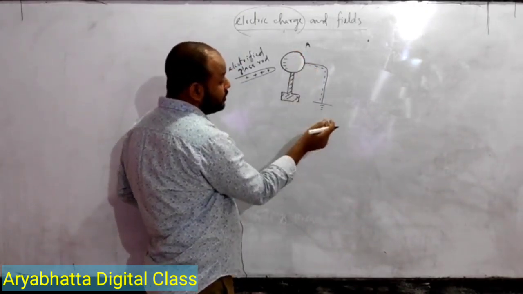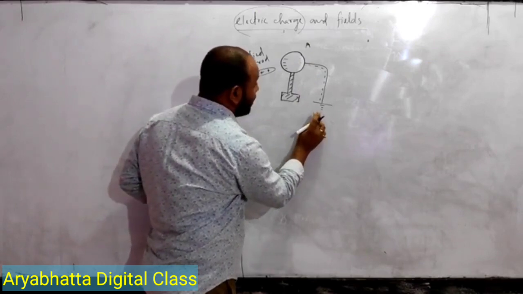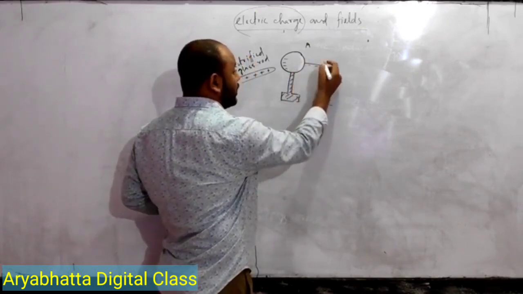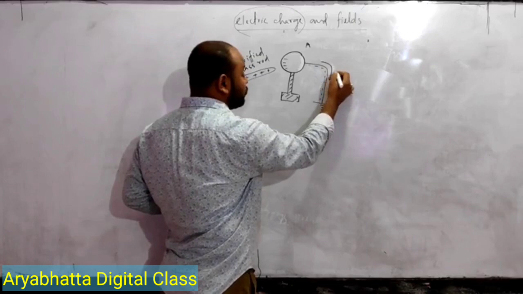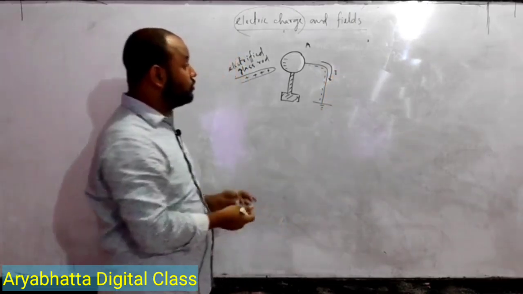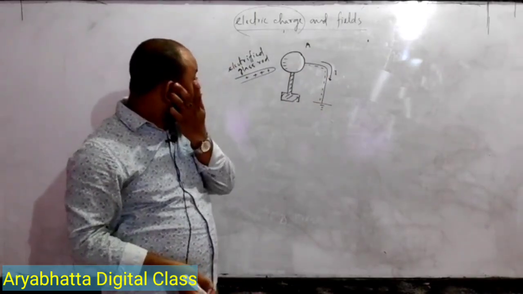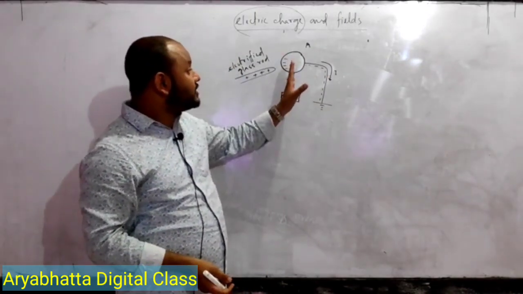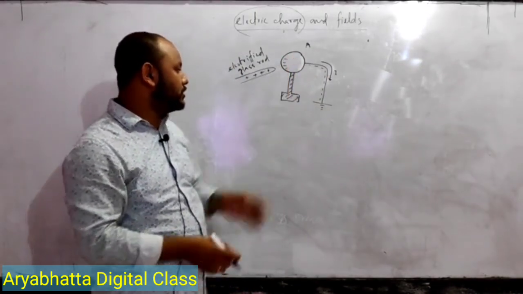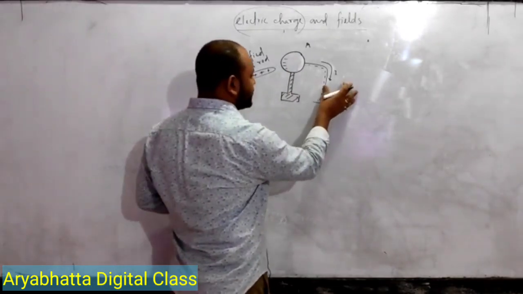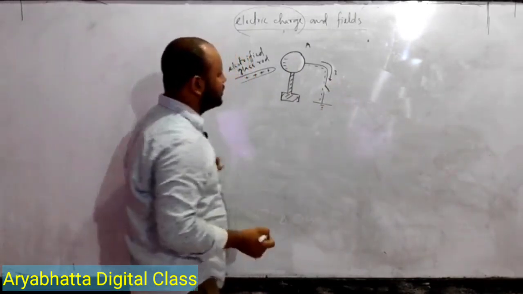And here we see the electrons are moving from earth to this conducting ball. That is why the current will flow from the conducting ball to the earth. Okay, and then after neutralizing this repelling charge, you open the connection.